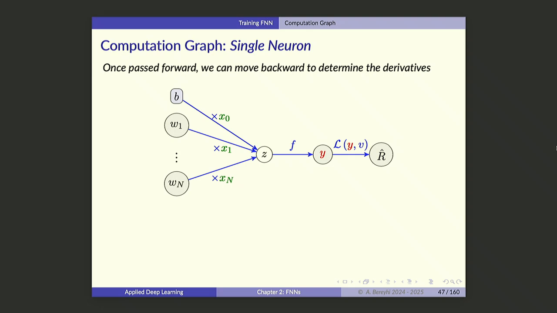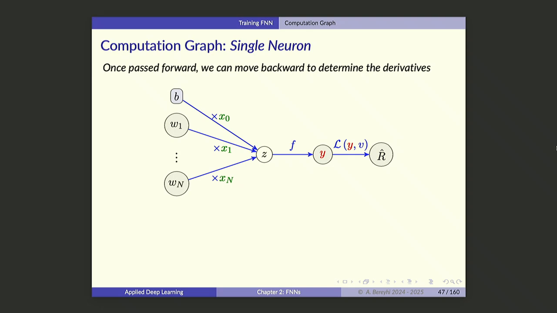So I can compute the derivative of r hat with respect to y. And now, if I want to compute the derivative of r hat with respect to b, I need to multiply this guy with what? Derivative of y with respect to b, right? Correct?